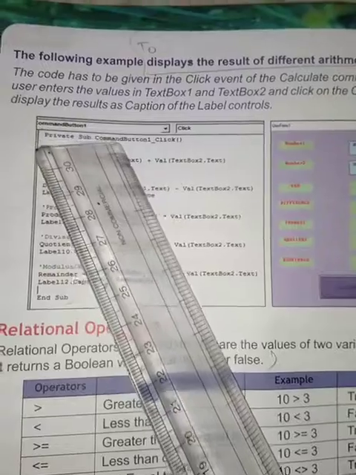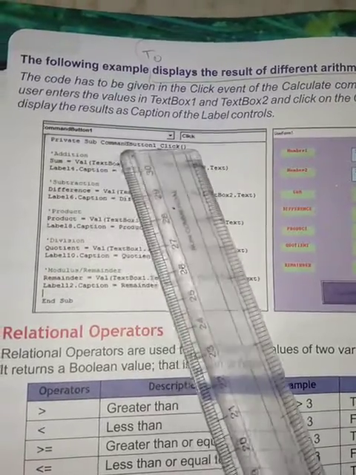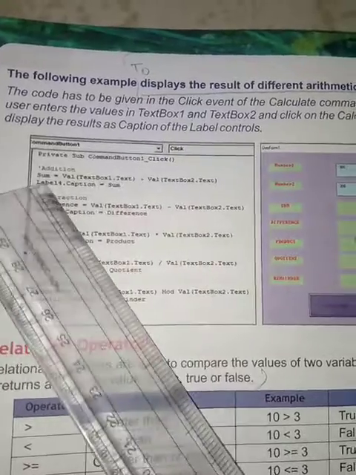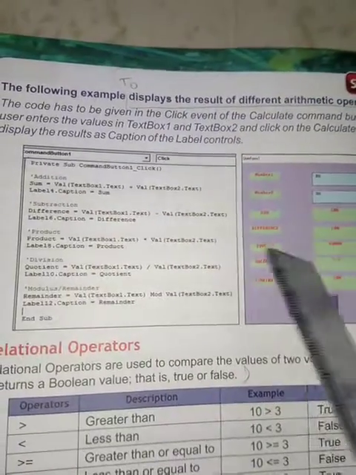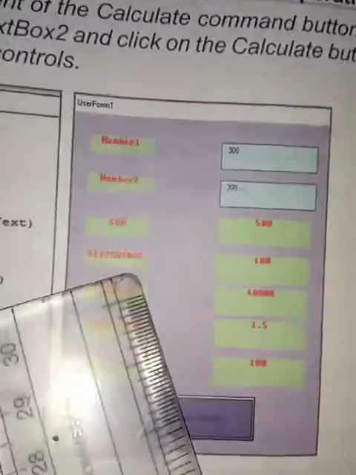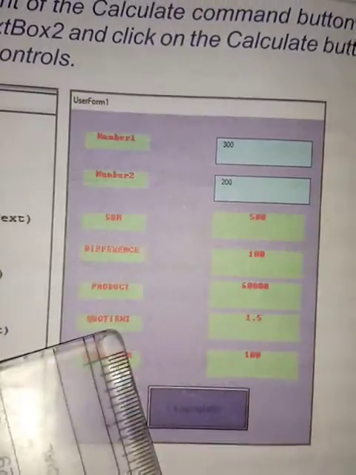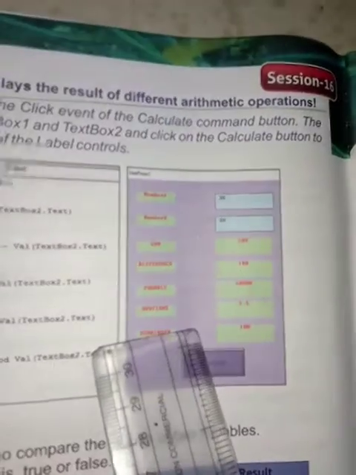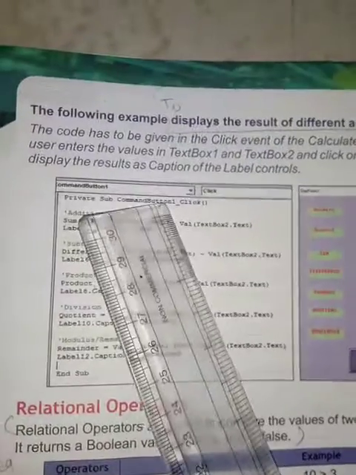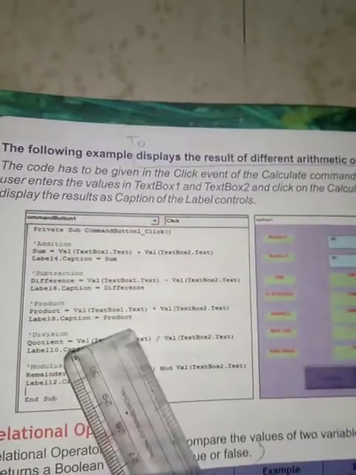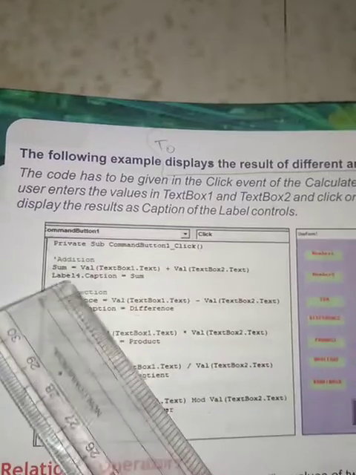Private sub command button 1 click. There are some command buttons like sum, difference, product, quotient, remainder. So these are the command buttons. Let us see one by one.